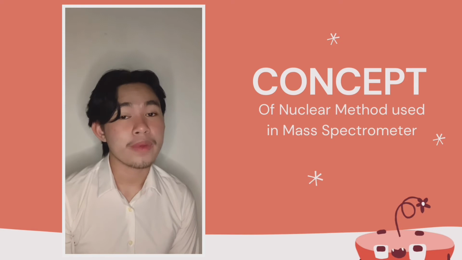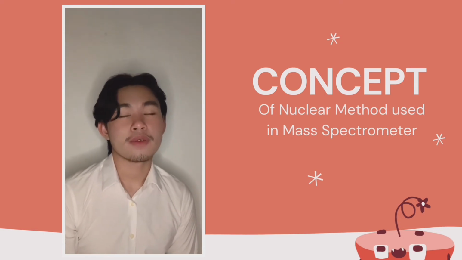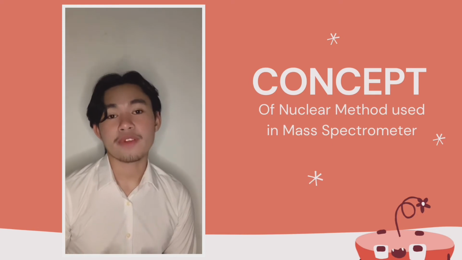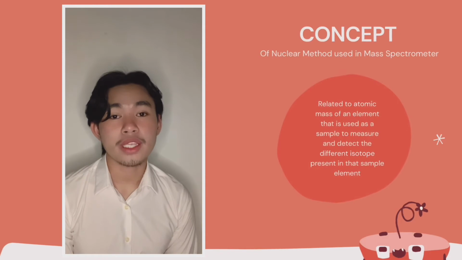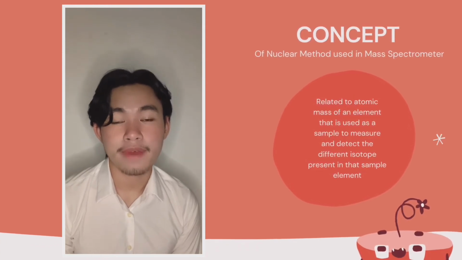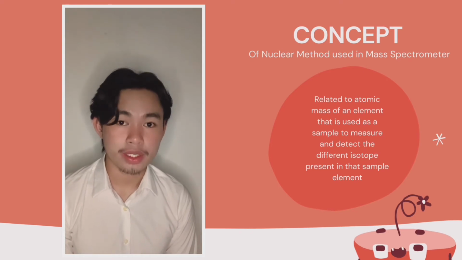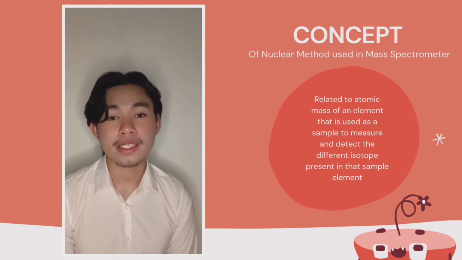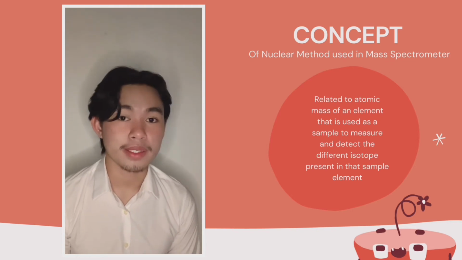Firstly, I am going to talk about the concept of mass spectrometry. So basically, the concept of the nuclear method in mass spectrometry is related to the atomic mass of an element that is used as a sample to measure and also detect the presence of various isotopes in that sample element.